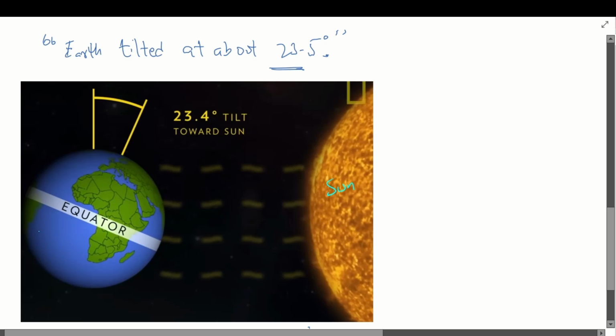The equator is not in that way because the axis is not this one. So we have the actual axis, this one, which is around 23.5. A few sources say 23.4, but your book refers to 23.5, so you will go with that. So a 23.4 or 23.5 degree tilt towards the sun is why the earth appears tilted.